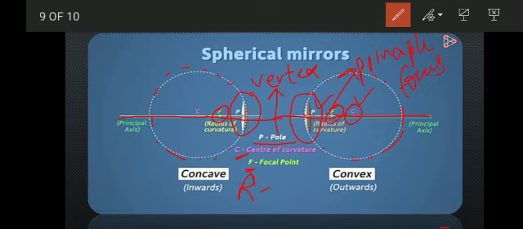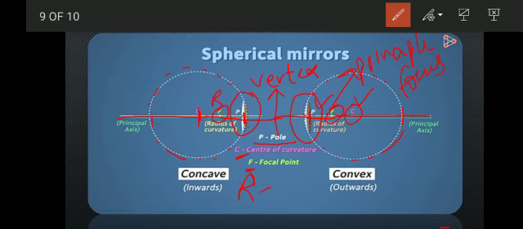So for spherical mirrors we can define the radius of curvature as the distance between center and pole of the mirrors. This distance from C to P or P to C, this is the radius of curvature.